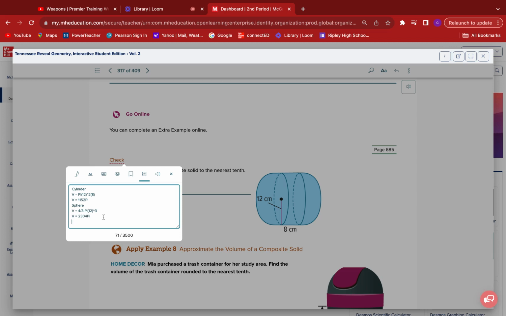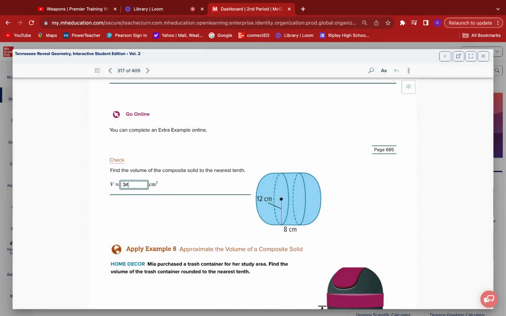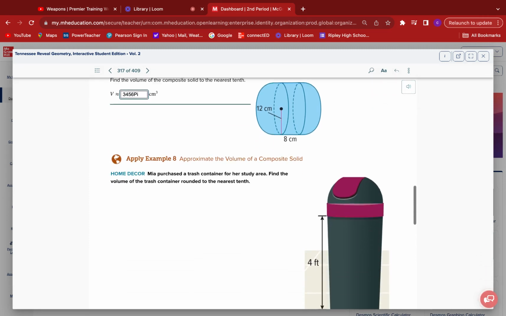Take the volume of the cylinder, add it to the volume of the sphere, you get the total volume of the composite, 3,456 pi. There it is. Total volume 3,456 pi, and that is cubic centimeters.